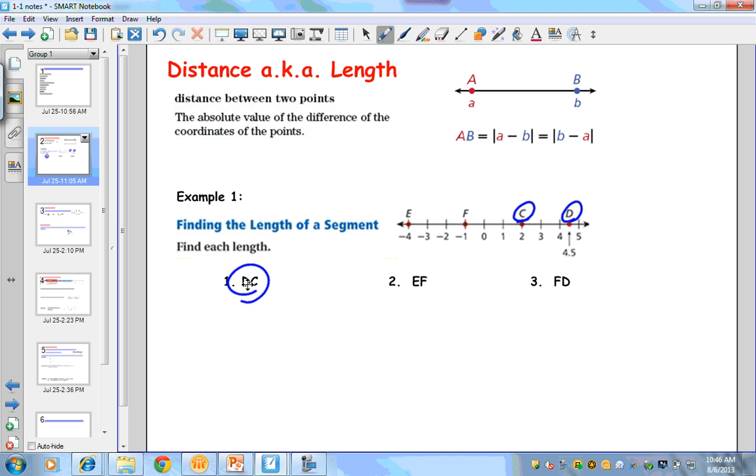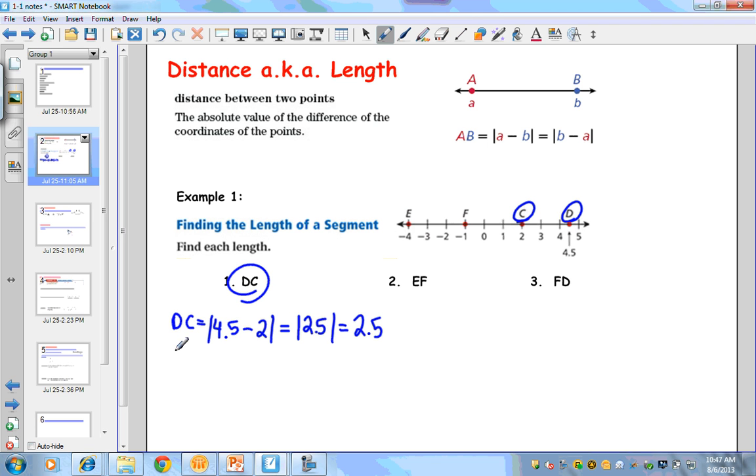Since D is written first, I'm just going to go ahead and use D's point first. So that would be absolute value of 4.5 minus 2. So this is to find DC. When we do the math, we get absolute value of positive 2.5, which is 2.5 after we apply the absolute value principle.